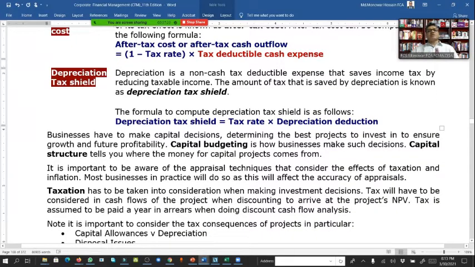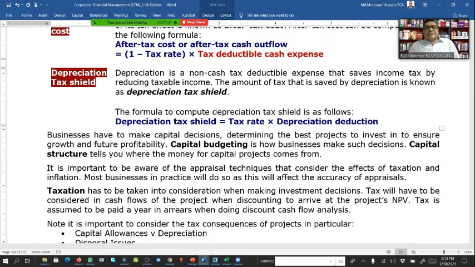Another is depreciation tax shield. Depreciation is a non-cash tax deductible expense that saves income tax by reducing taxable income, because we charge depreciation in the profit and loss account as an expense, and at a specific rate our tax authorities allow it as per the third schedule of the income tax ordinance.